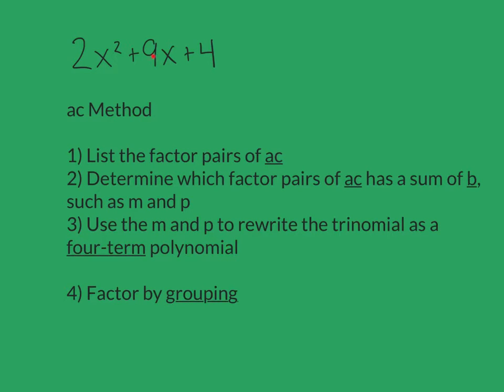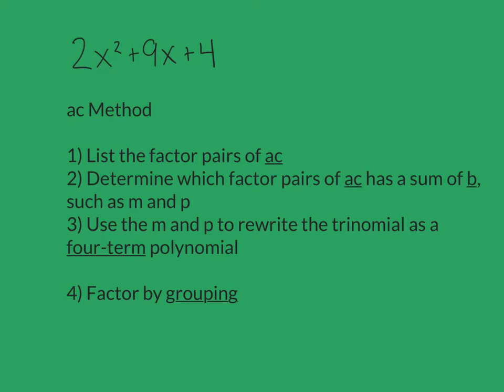This is A, B, C, so we're multiplying A times C. And we want to see what numbers multiply to this product and add to this B, this 9 here. I'll go through this in more detail later.